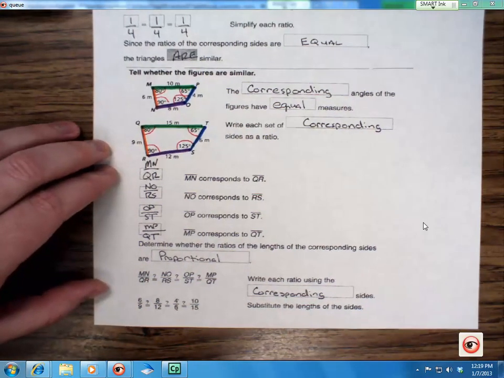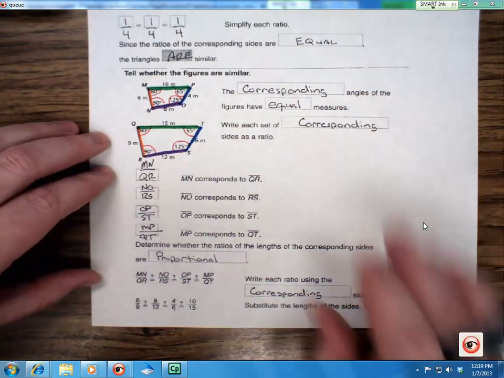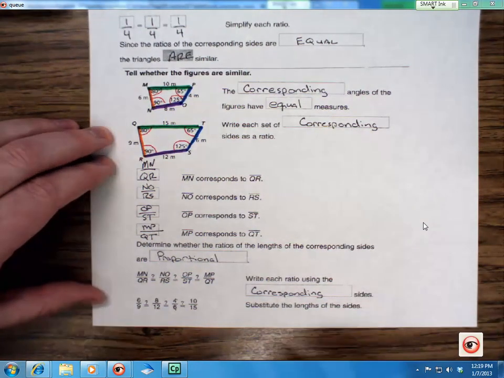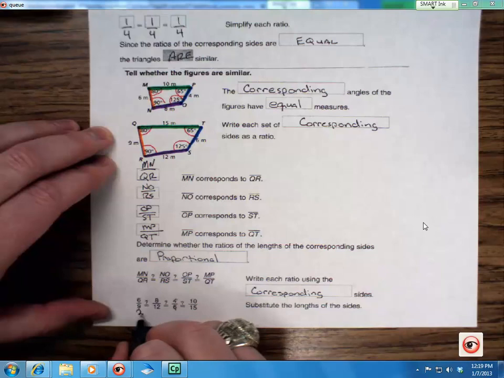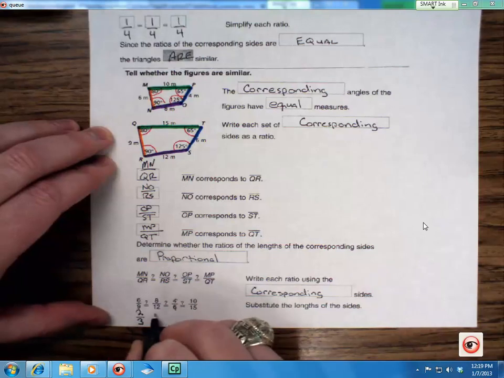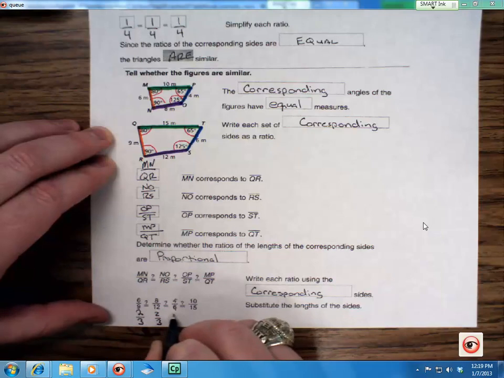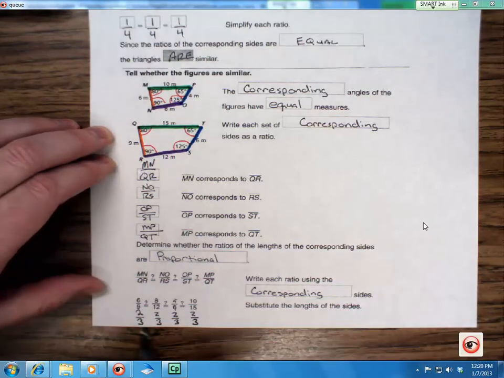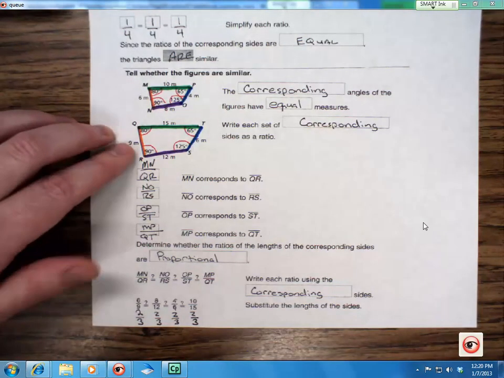Now, let's simplify those. What does 6 over 9 equal when we simplify it? Yeah, 2/3. What about 8 over 12? 2/3. What about 4 over 6? 2/3. What about 10 over 15? Yeah, 2/3. Okay, do those all equal each other?